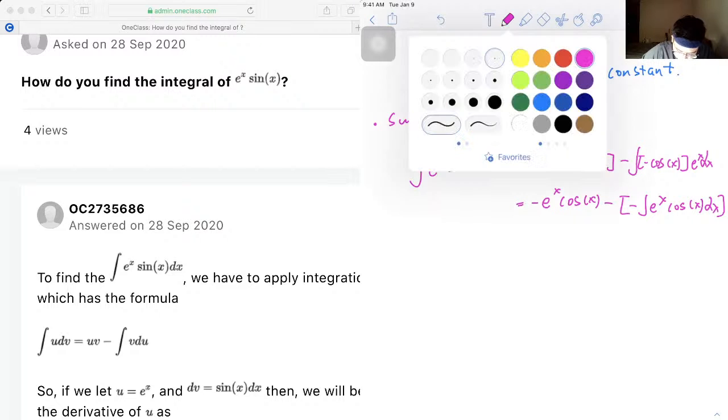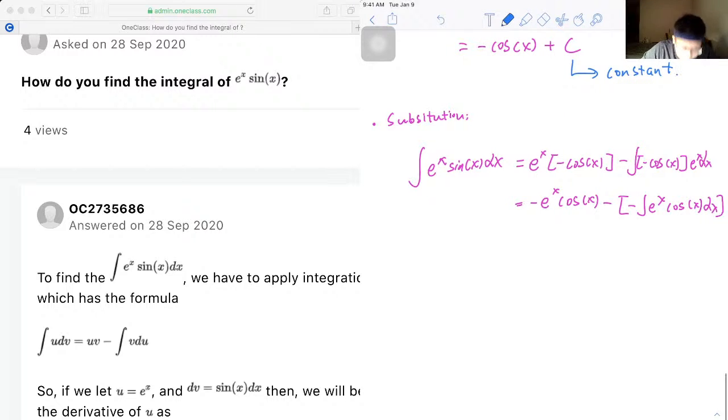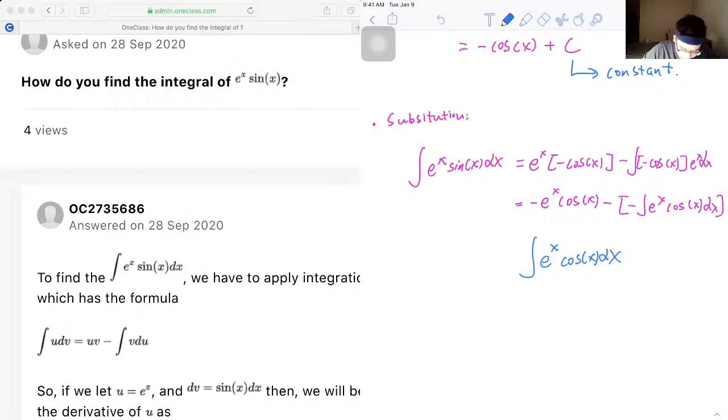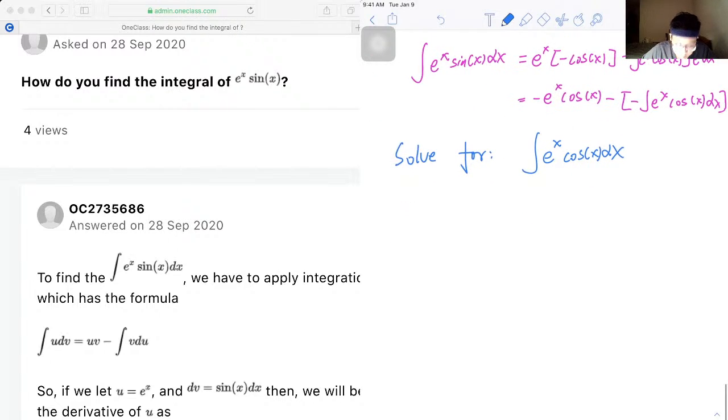So now we only need to evaluate integral e^x cosine x dx. In other words, we need to apply integration by parts again. Same thing, let u be equal to e to the exponent of x, and dv is equal to cosine x dx.